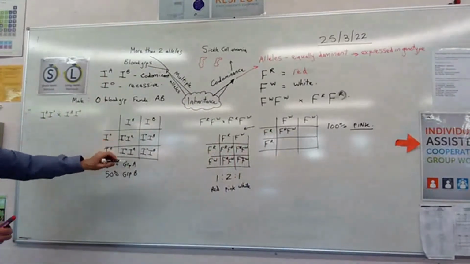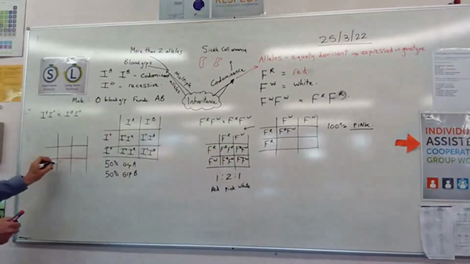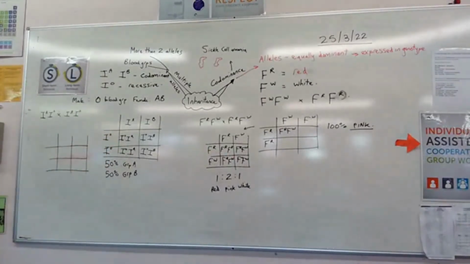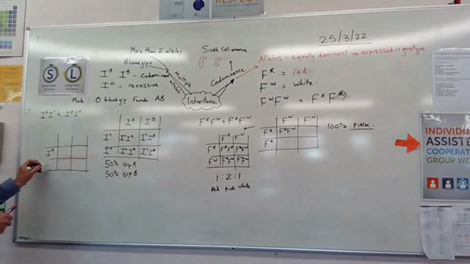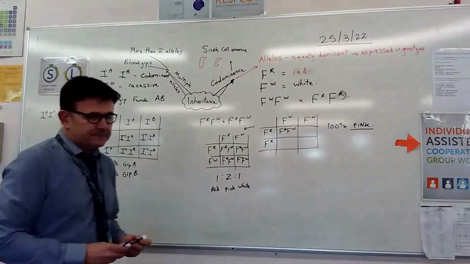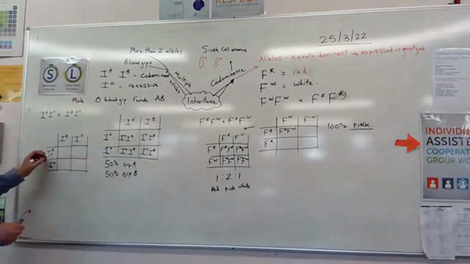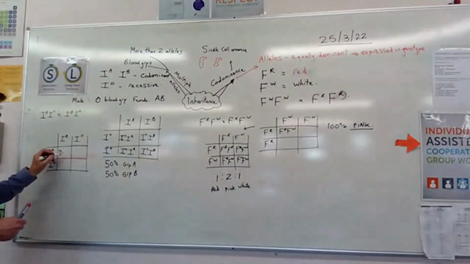So let's cross an A and a B. All we're doing is practicing being able to draw Punnett squares here. So we would have IA, IB.